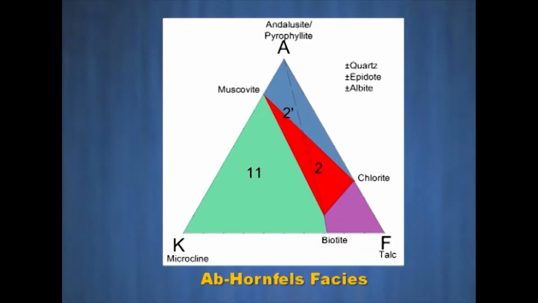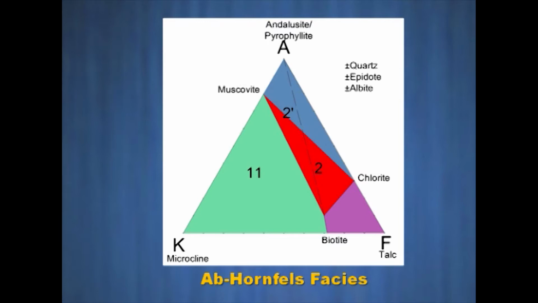With such qualification in mind, chemographic phase relation in the Albite, Epidote, Hornfels facies can be tentatively depicted in figures 1, 2 and 3. Figure 1, ACF diagram of Albite, Epidote, Hornfels facies. The possible additional phases are quartz, albite and epidote. Figure 2, AKF diagram of Albite, Epidote, Hornfels facies.